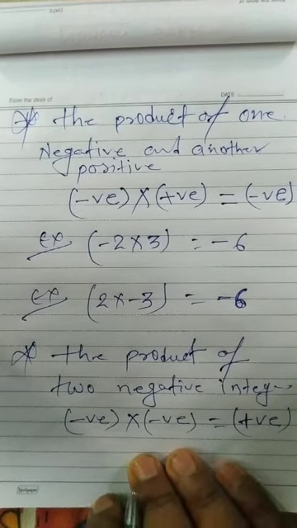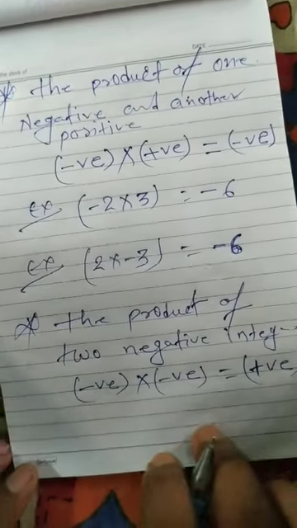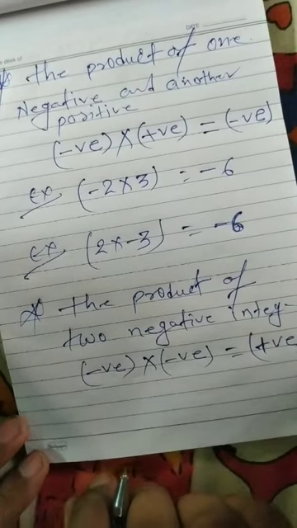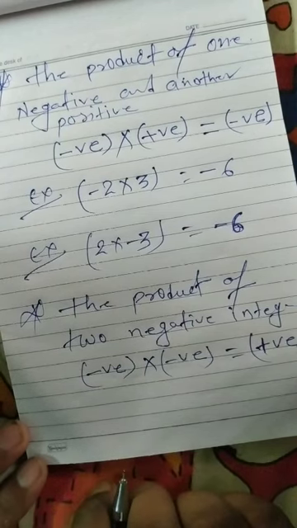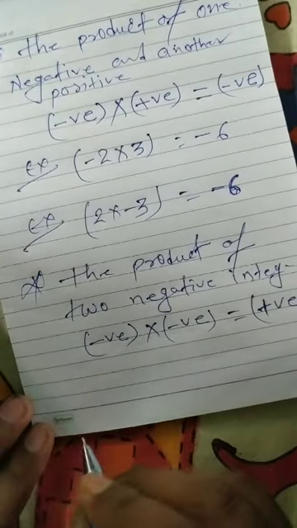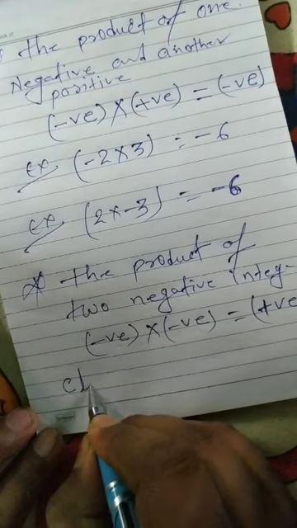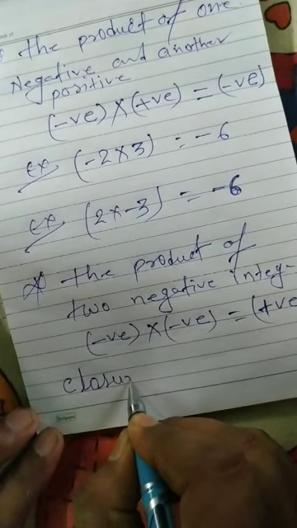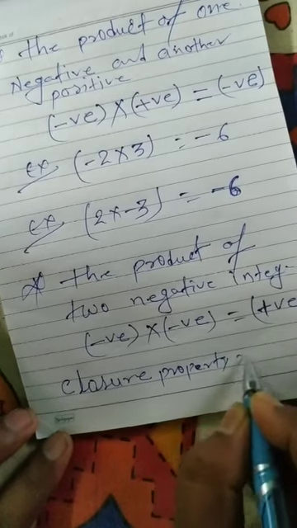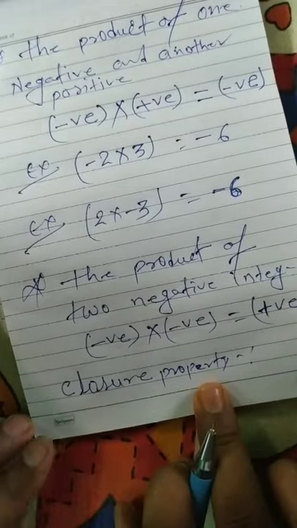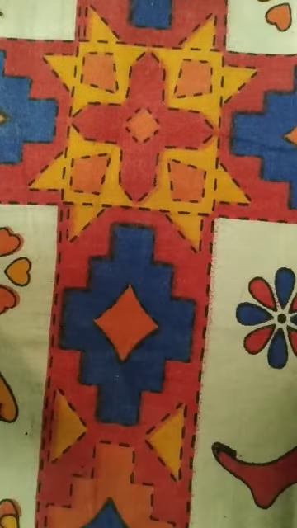Okay, we have mostly covered the rules, and now we want to see one more topic over here, that is closure property. Do you know what is the definition of closure property?